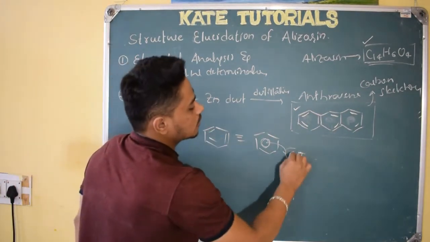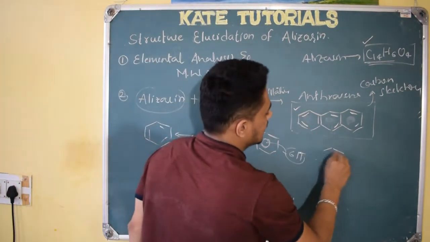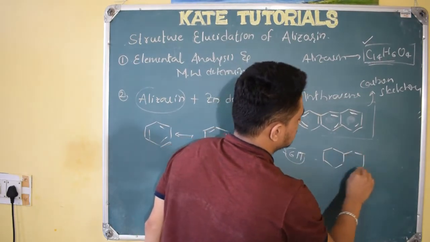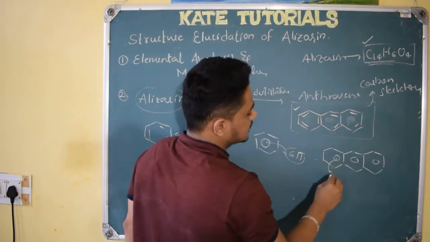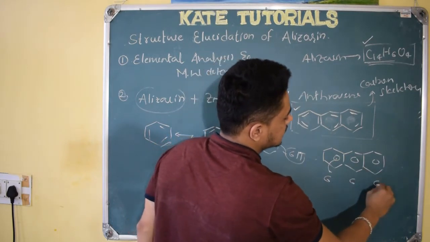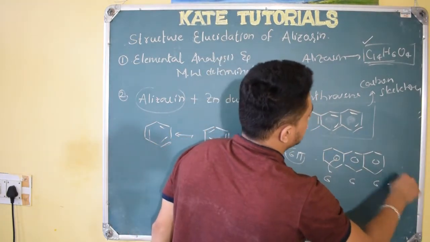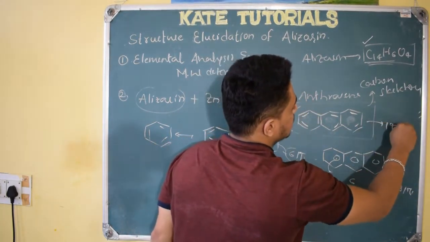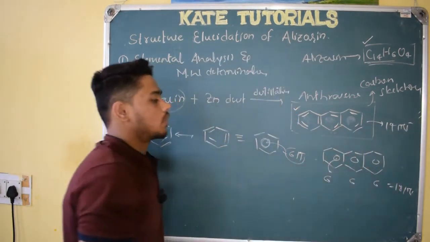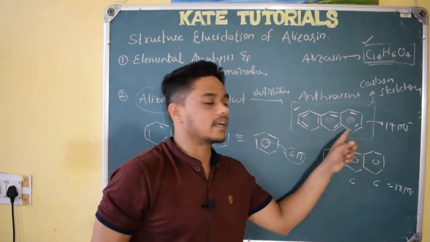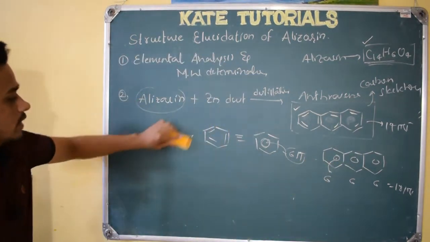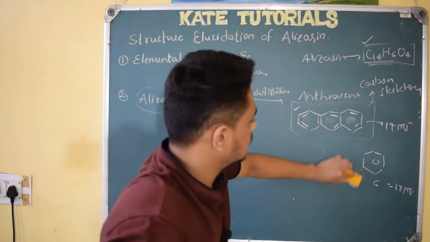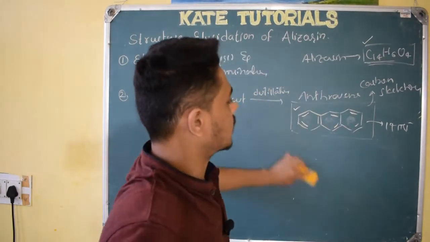If some people draw it directly like this, we would assume it is 6, 6 and 6, a total of 18 pi electrons, but it has 14 pi electrons as I counted. So we should not do this. We should write this skeleton structure only. This is basic, which we don't need now, so just understand it and forget it.